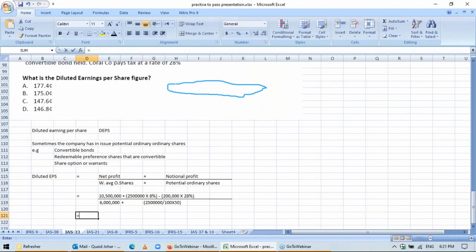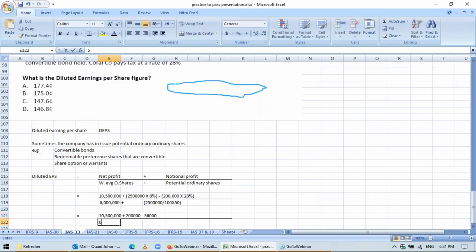So now the next step is $10.5 million profits plus 200,000 interest minus the increase in tax expense of 56,000, which will decrease your profits, right?